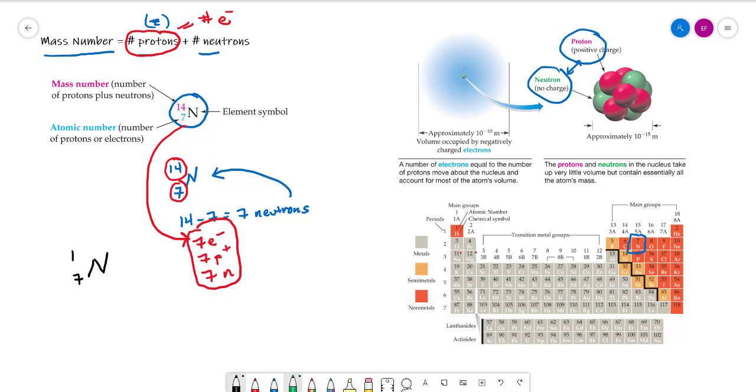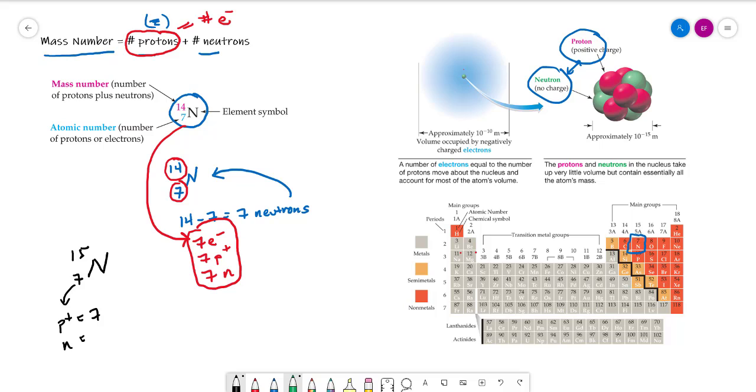So an example would be nitrogen with a mass number of 15, and we would colloquially just call this nitrogen 15. So again, we could look at this and say, well, this has to have 7 protons, right? Because that is the identity of nitrogen.